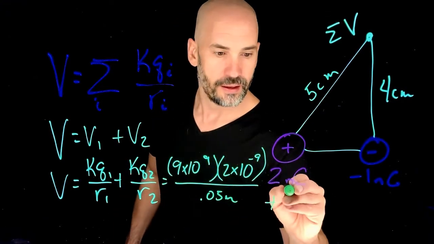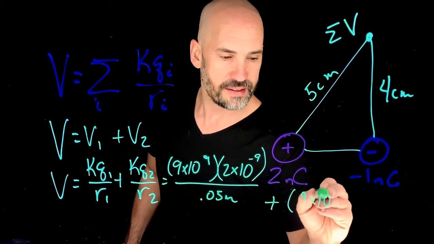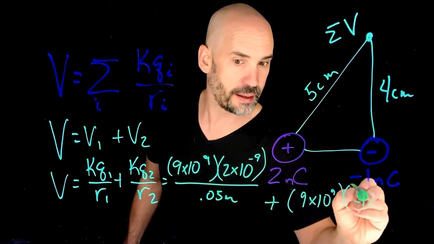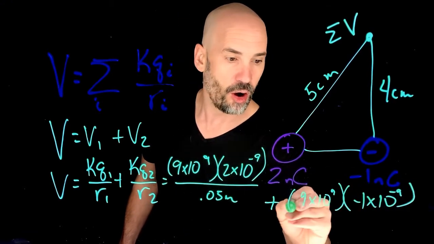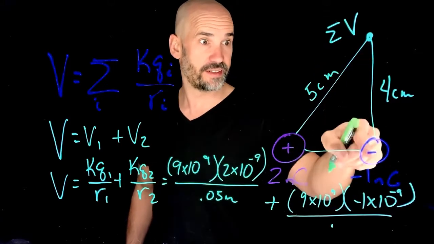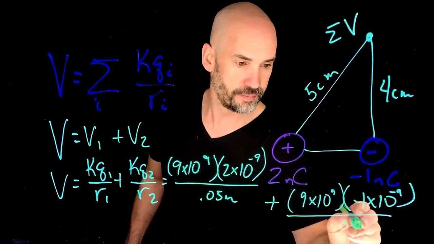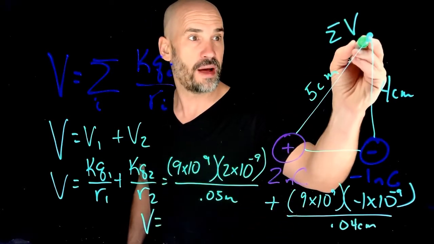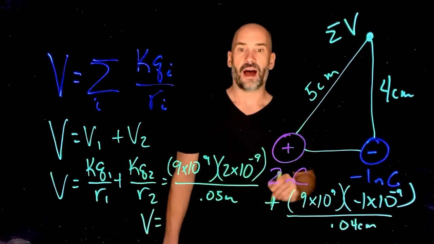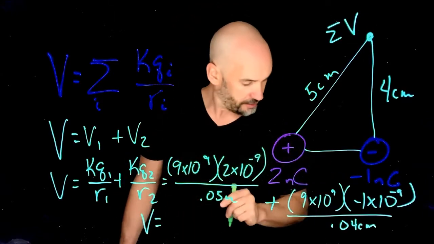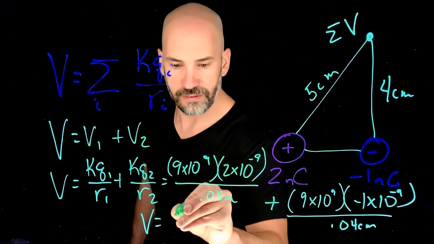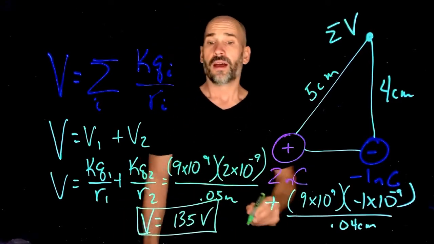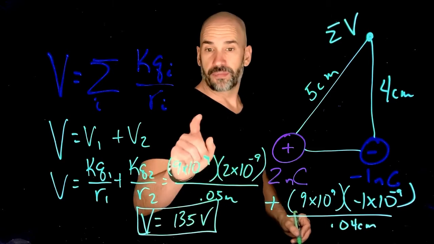Plus 9 times 10 to the 9 times, this is negative 1 nanocoulomb, so I'm going to say negative 1 times 10 to the minus 9, all divided by now this distance here, which is 0.04 meters. And now I'm going to be able to find the net voltage at the spot due to both of those charges. If I add those all up together, I get a value of 135 volts. Check me if I'm wrong. Shoot me an email.